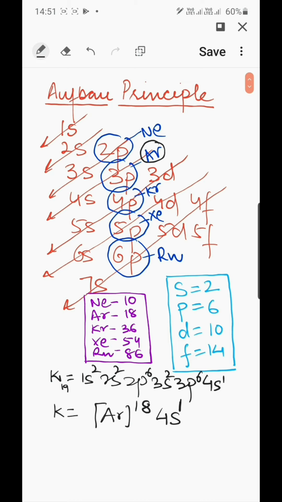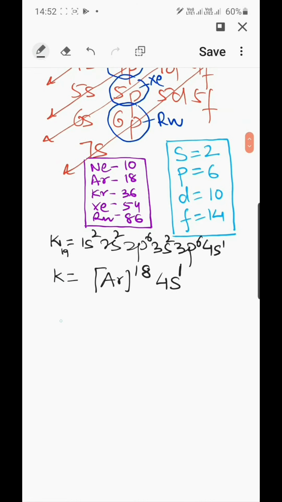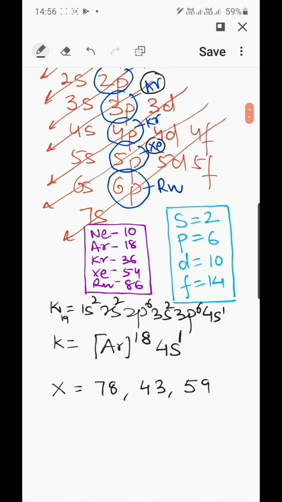This is the electronic configuration of potassium in terms of noble gas. Okay, now I am going to take some random examples to write electronic configuration using noble gases. For example, atomic number X equal to 78. You can also write 43 or 59. Now I am going to write the electronic configuration of any two written above.